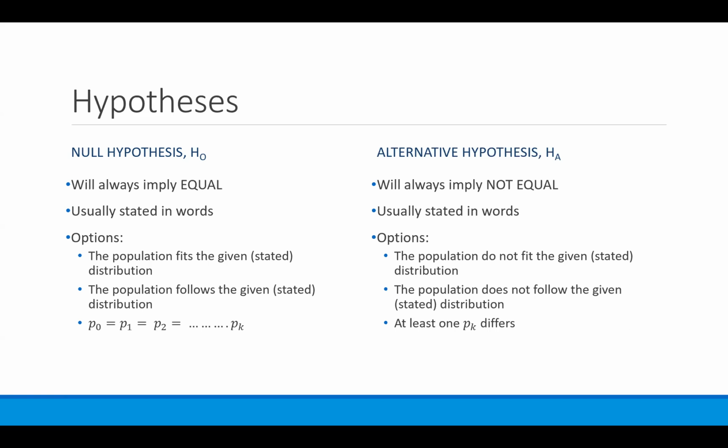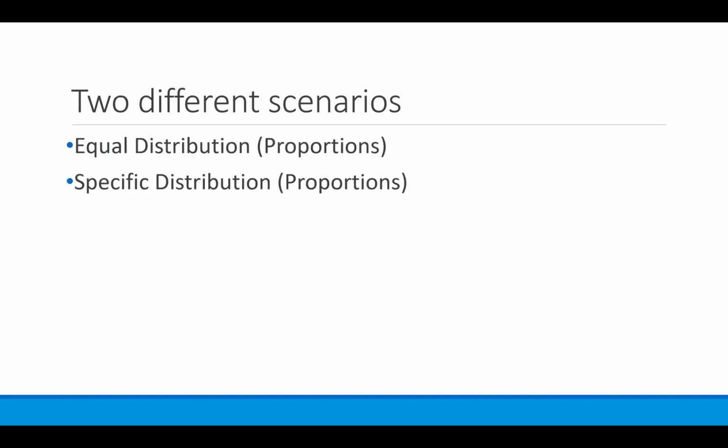The process in terms of hypothesis testing is not changing, okay? You're still going to state the hypotheses, identify the players, calculate the test statistic, make a decision, and write a conclusion. There are two different scenarios that we see with chi-square goodness of fit specifically.